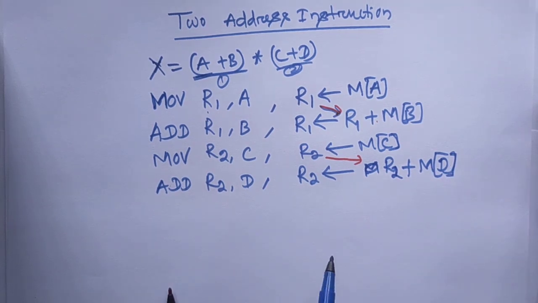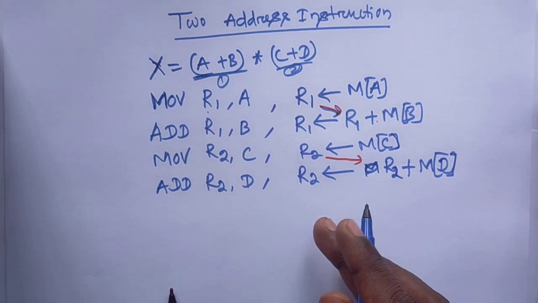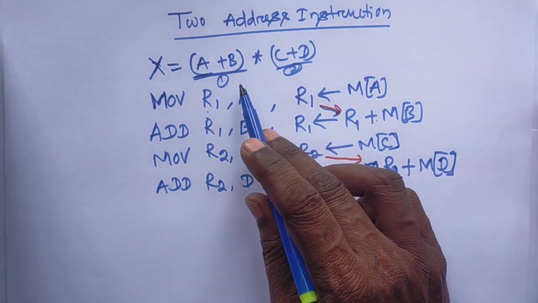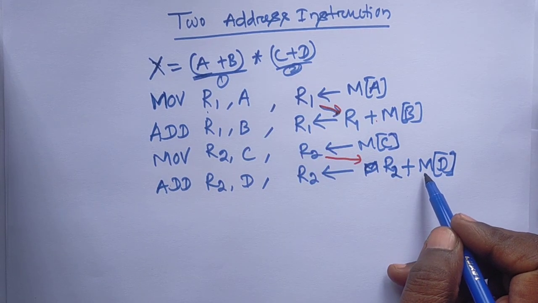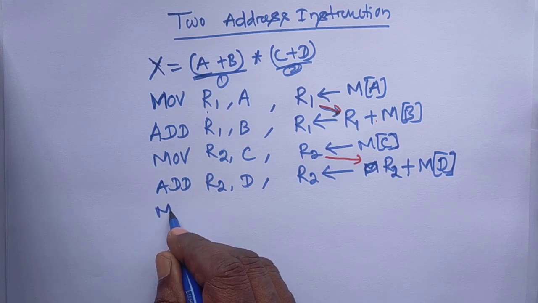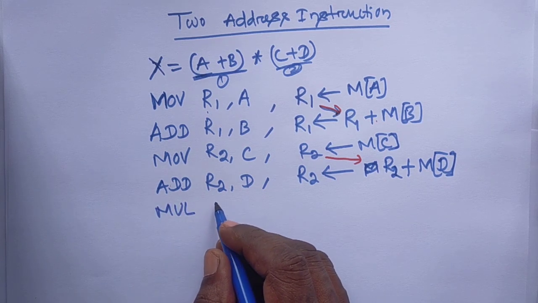Now R1 and R2 both contain A plus B and C plus D. Now we just multiply. R1 and R2 are already defined, so there is no problem.